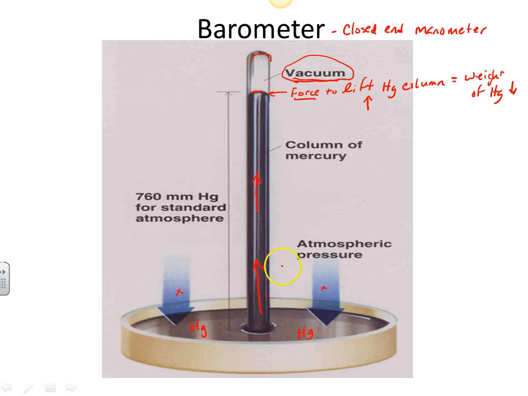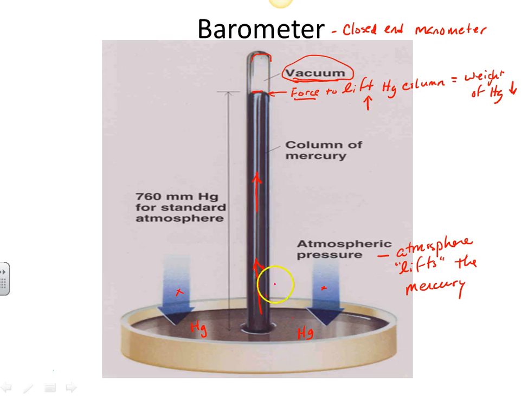So the end result is that the mercury rises up the tube, and the atmosphere lifts the mercury.